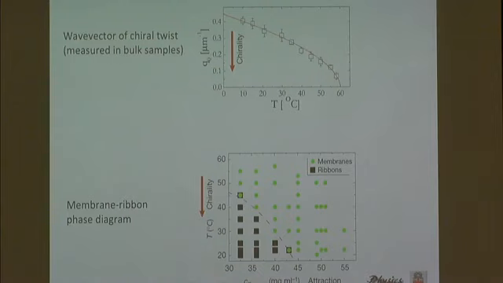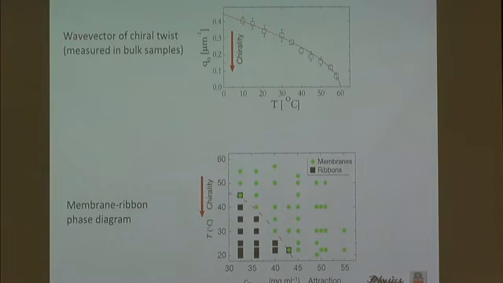And what you see is that in this corner of the diagram, either low chirality or weak attractive interaction, ribbons will form, and membranes will form up here. And I should point out that, actually you can't even see it in this picture, but for truly achiral systems, membranes will not form at all.